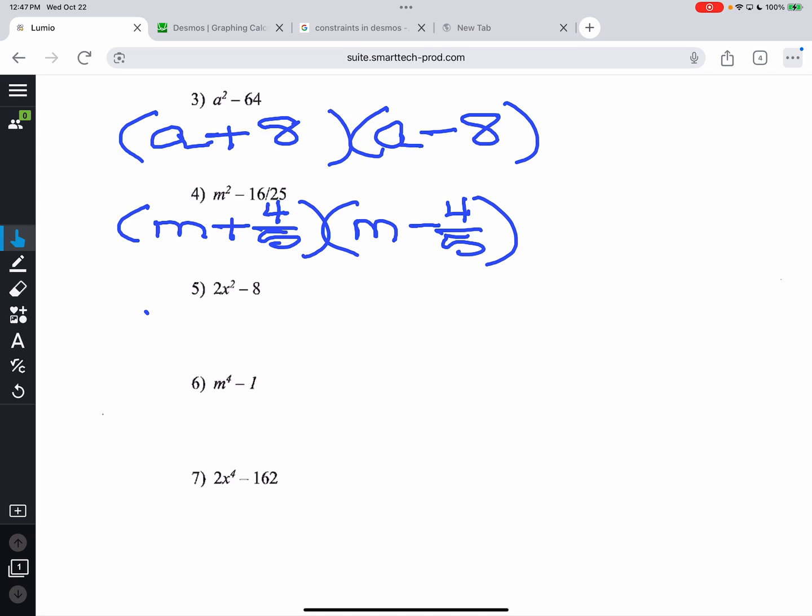Then what are we left with? X squared minus 4. Now, let me say this: 2 is not a perfect square. 8 is not a perfect square. X squared is. But when you remove the greatest common factor, then what's left behind ended up being the difference of perfect squares.